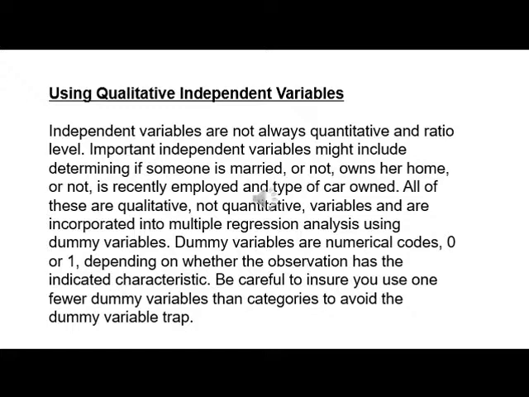All of these are qualitative, not quantitative, variables and are incorporated into multiple regression analysis using dummy variables. Dummy variables are numerical codes, 0 or 1, depending on whether the observation has the indicated characteristic. Be careful to ensure you use one fewer dummy variables than categories to avoid the dummy variable trap.